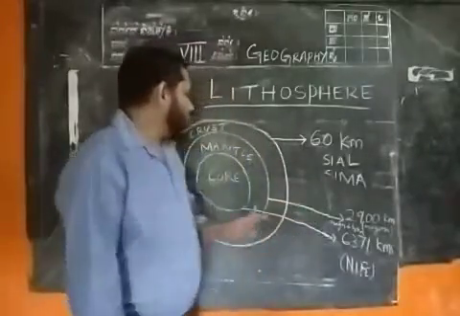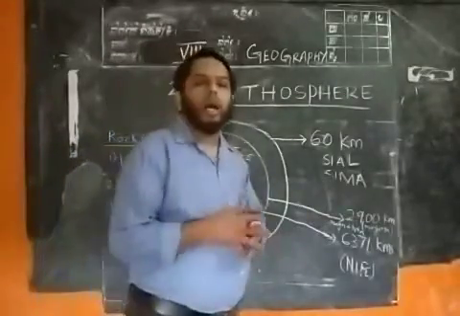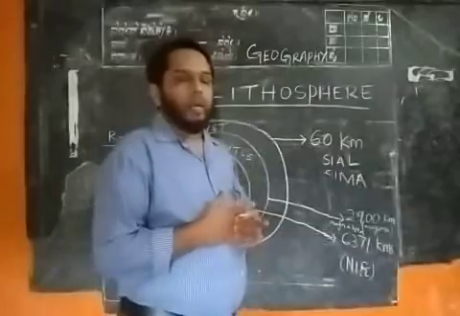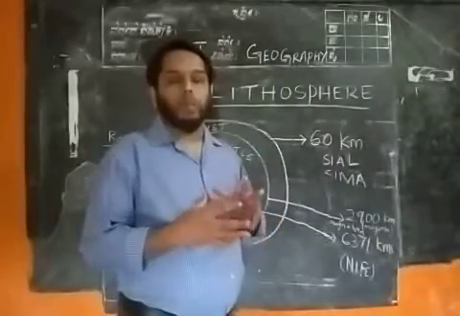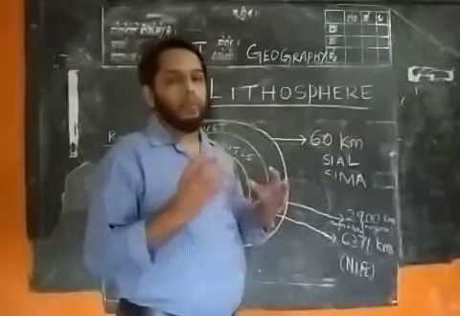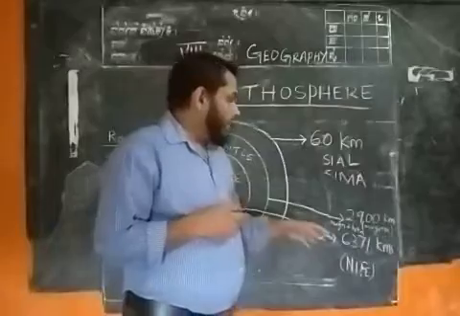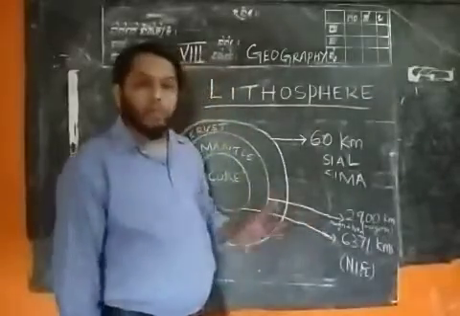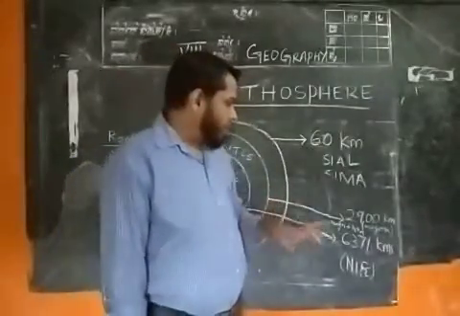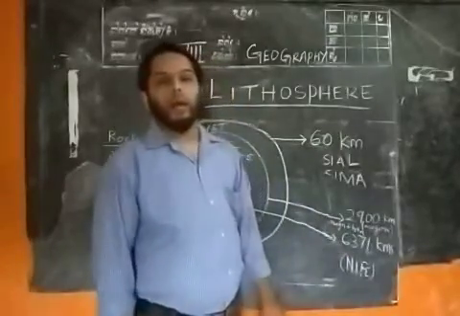When we come to the middle layer, the mantle, the temperature is very high, and we can see a semi-fluid or semi-solid substance, neither solid nor liquid, a plasma-like thing that we call magma.